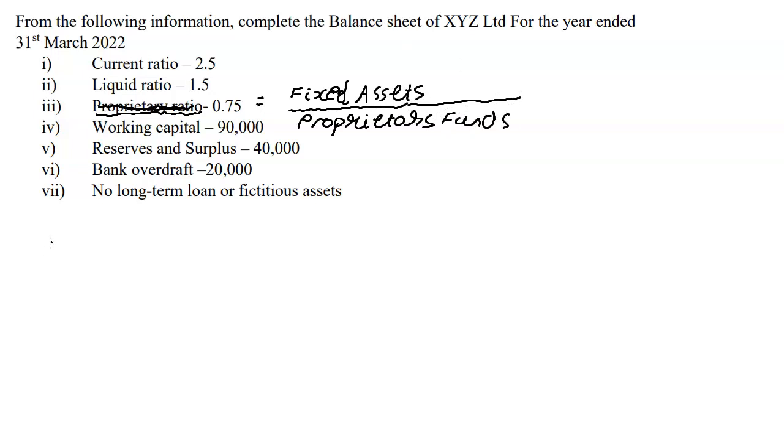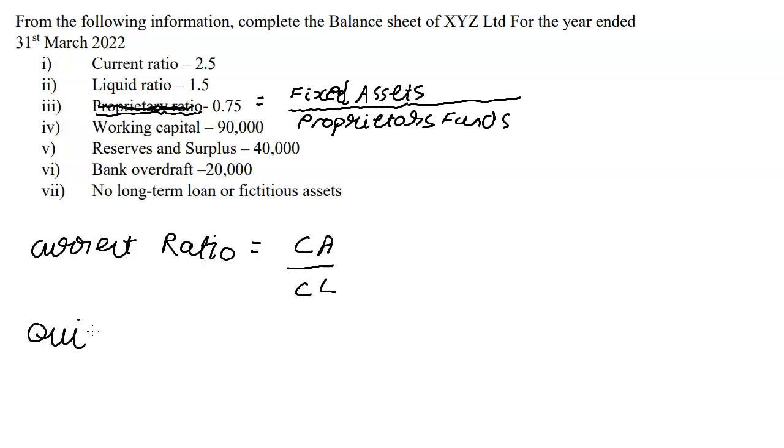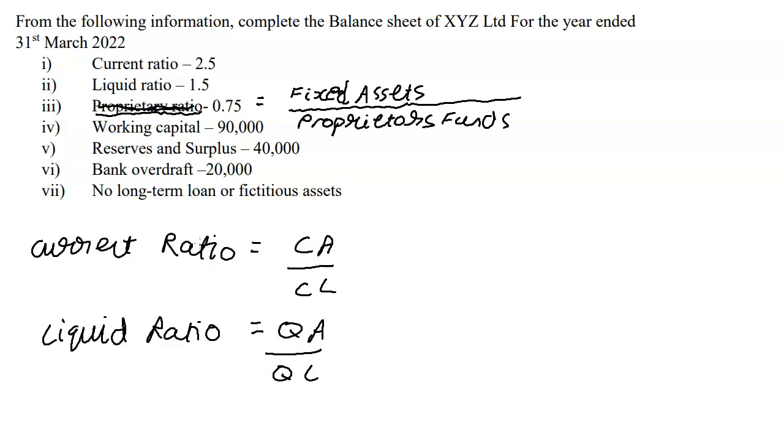Now, current ratio is equal to current assets upon current liabilities. Quick ratio, also called acid test ratio, also called liquid ratio, is equal to quick assets upon quick liabilities.